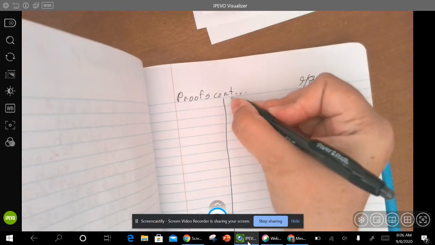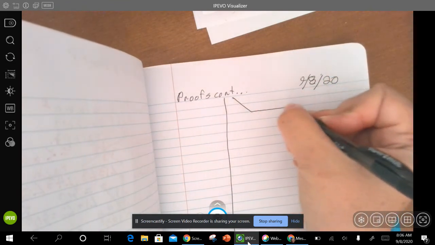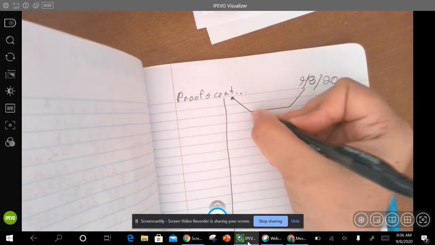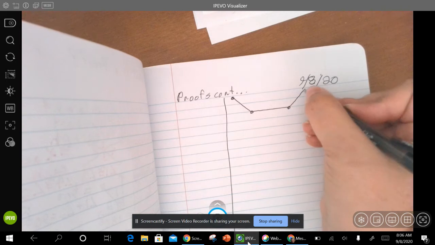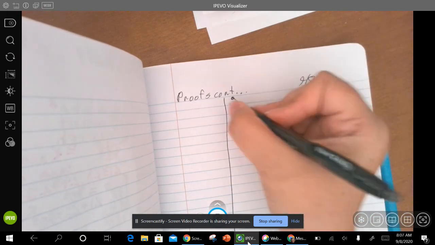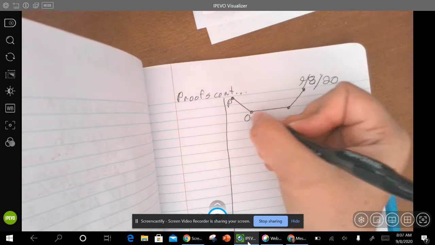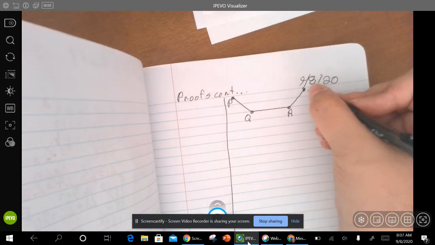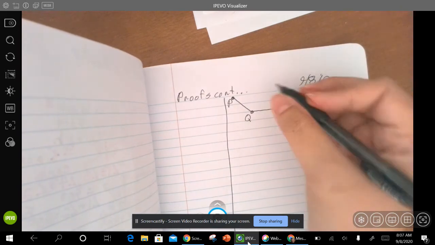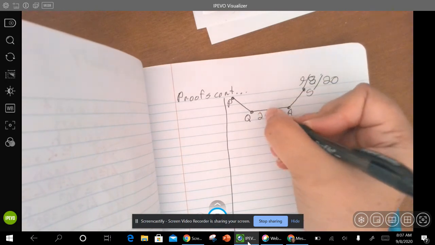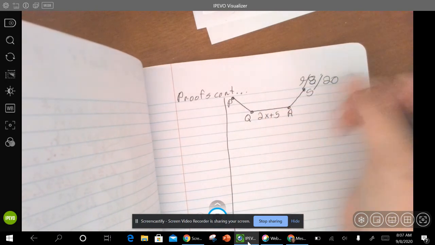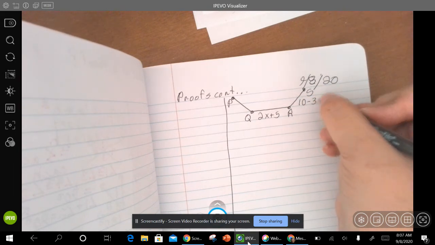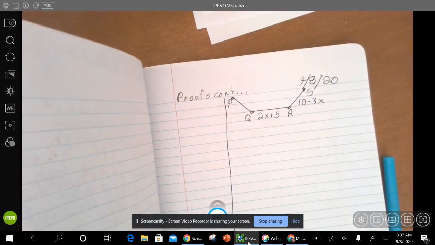Say you had a table, or outside you needed to do something, and it had this shape, and you needed to find these lengths.